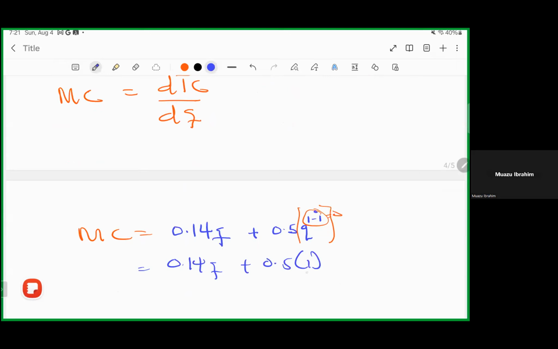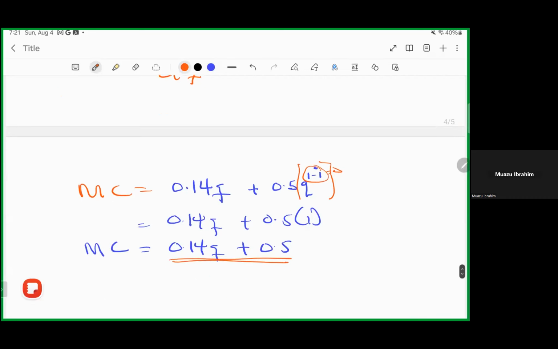So this is the same thing as 1.4Q plus 0.5. This will be our marginal cost.